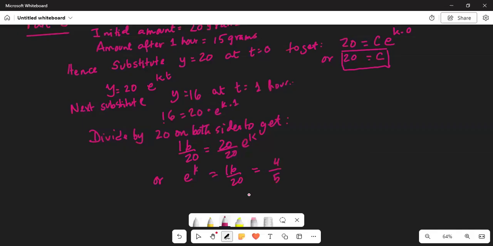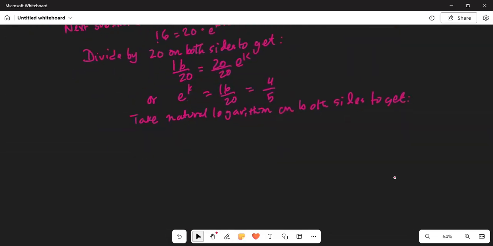Okay, so take natural logarithm on both sides to get, what do we get? We get ln e to the power of k is equal to ln of 4 over 5.